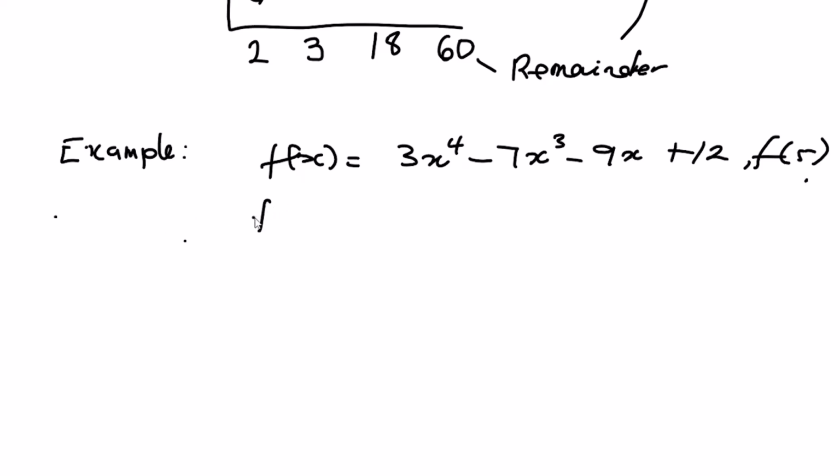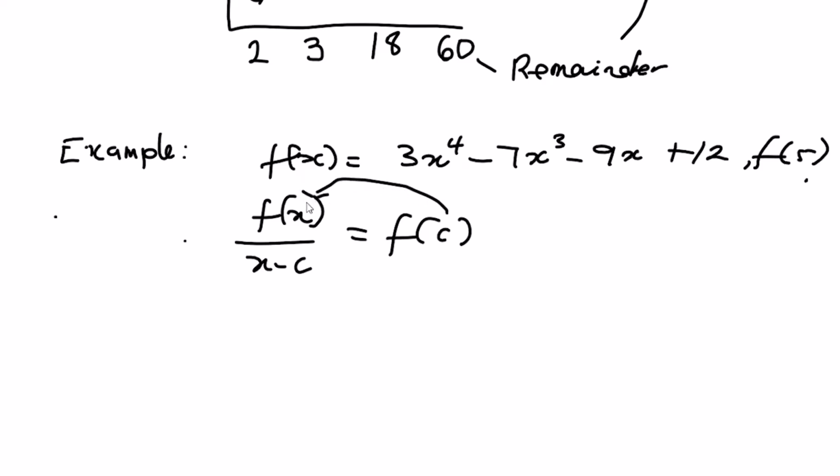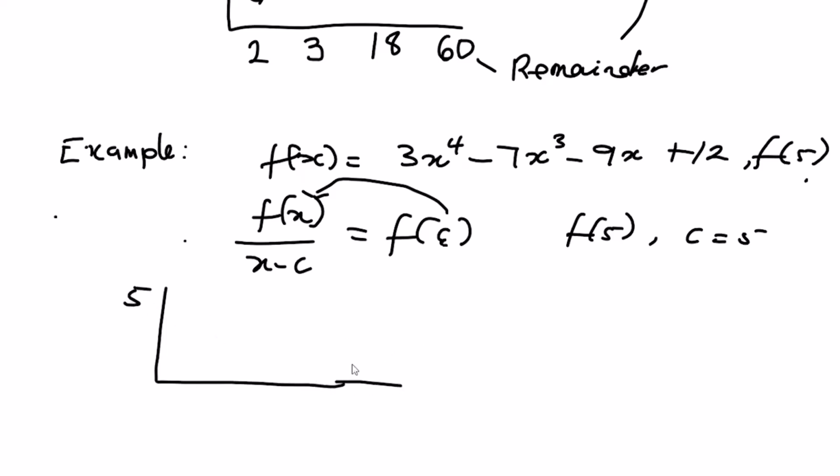So as I said earlier, if you have a function like this divided by something like this, it should be equal to f of c. So it's just like substituting the c into it. So this is our c. So if you are given f of 5, meaning that our c is equal to what? 5. Alright, so we have this 5 here. What are the coefficients?